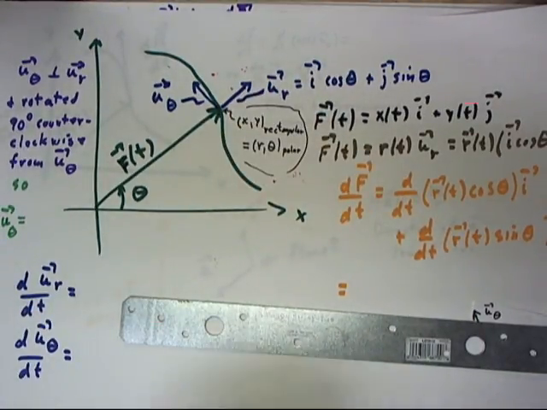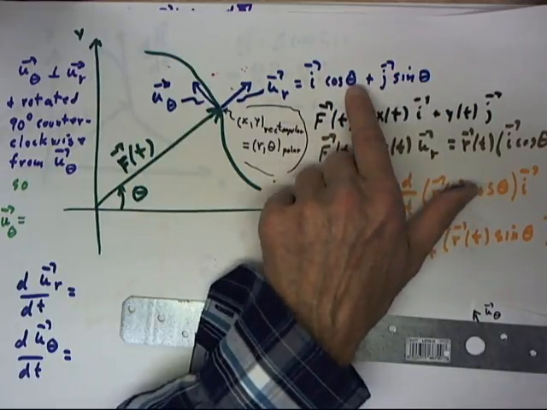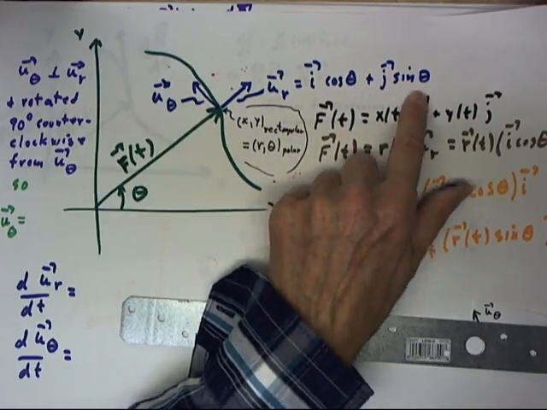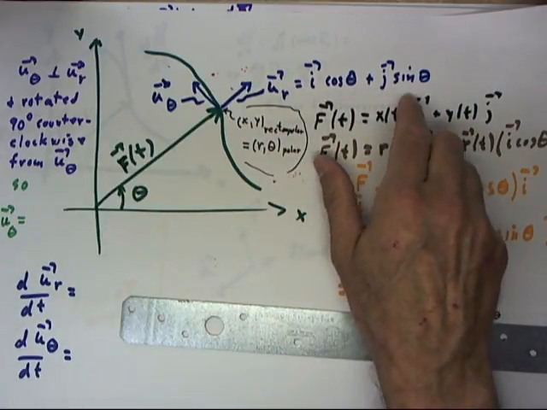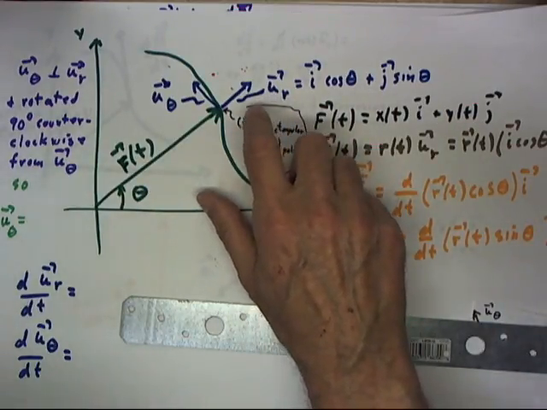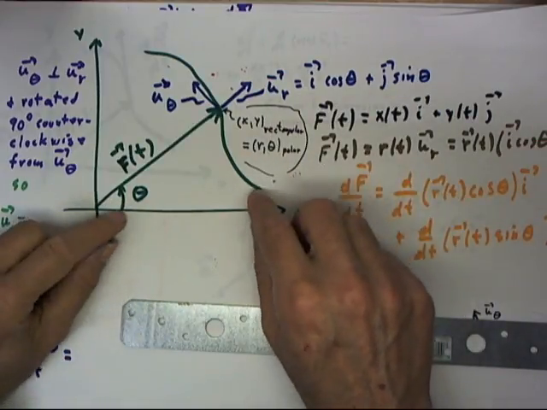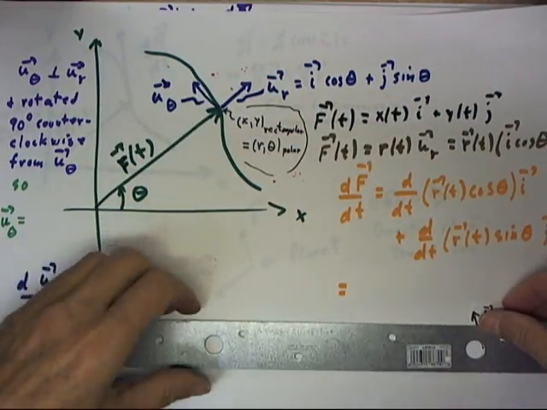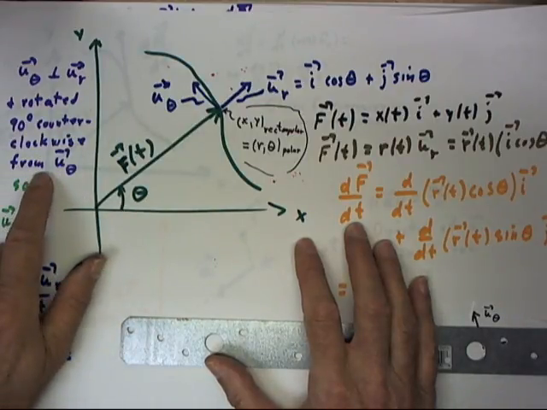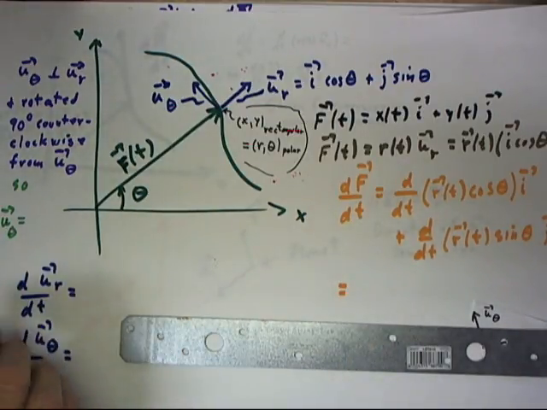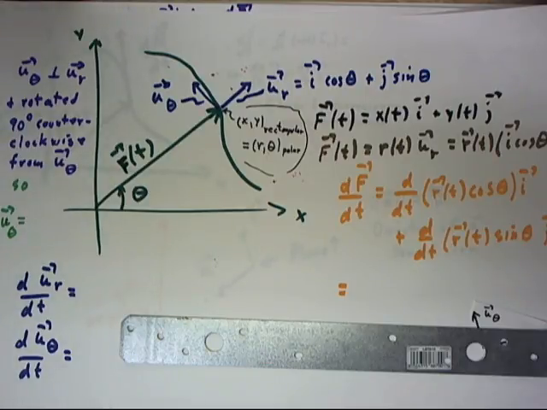Now, theta might be changing with respect to time, so that this u_r vector is a function of time, but it's a vector that the moving point carries along with it. And u_theta is perpendicular to u_r, rotated 90 degrees counterclockwise from u_r.